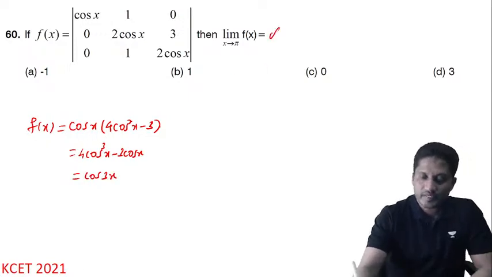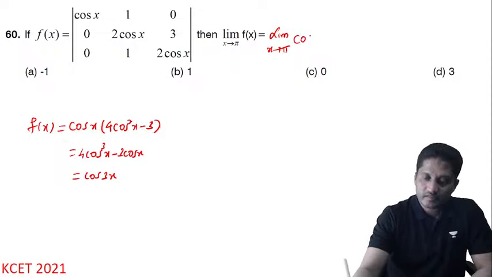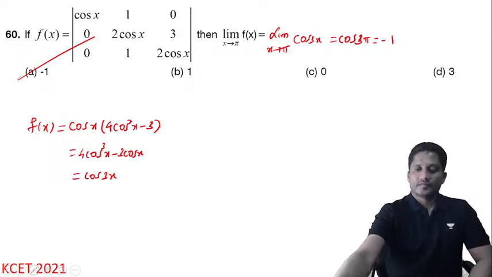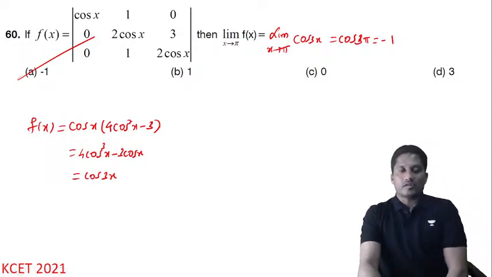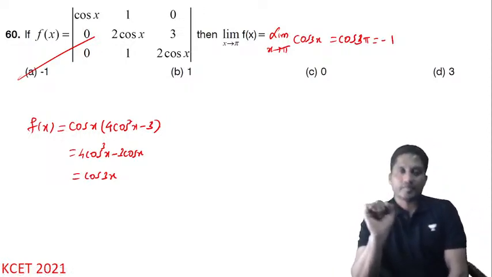Limit x tending to pi of cos 3x is equal to cos 3 pi. Cos 3 pi is minus 1. Answer is option A.